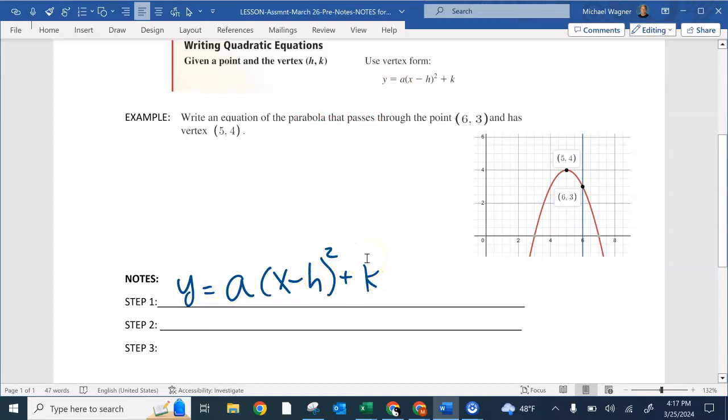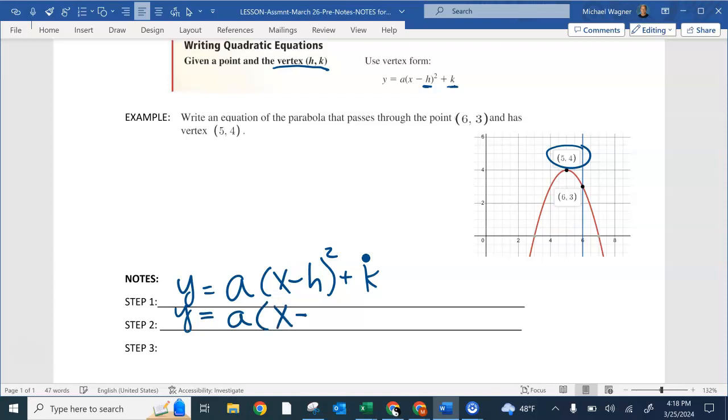So what are those actual values? Remember, the vertex's x value is considered the h, or the horizontal value, and k is like the height. So that is from the vertex, right? So the vertex is at (5, 4). So the x is 5, so we're going to write y equals a times, parentheses, x minus.